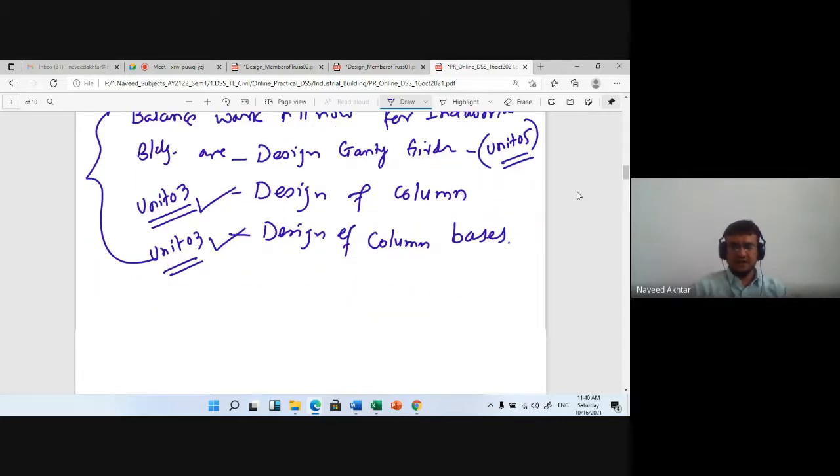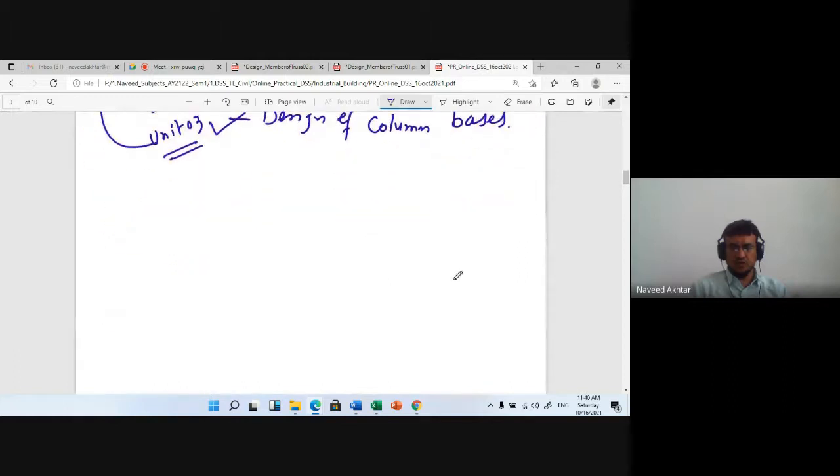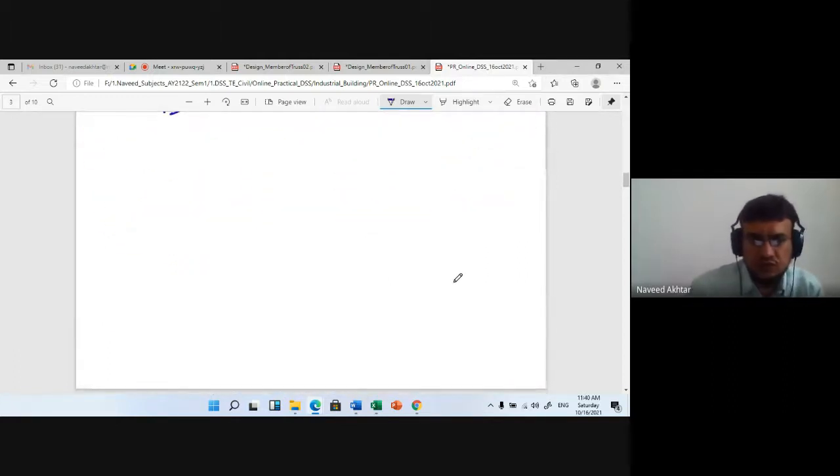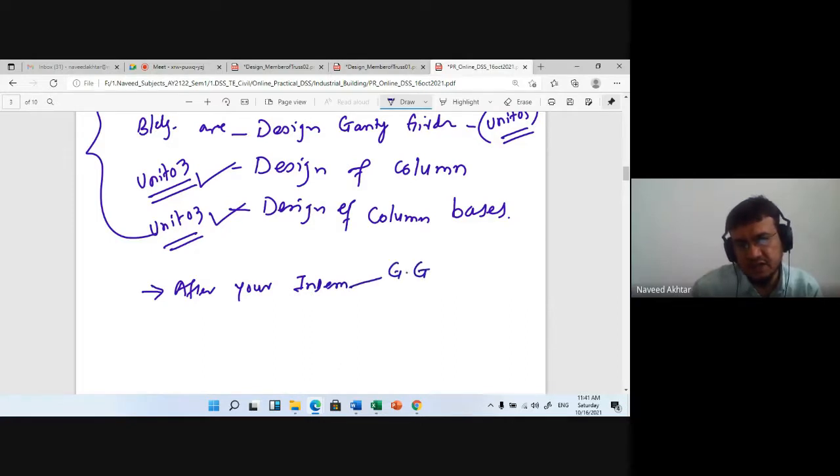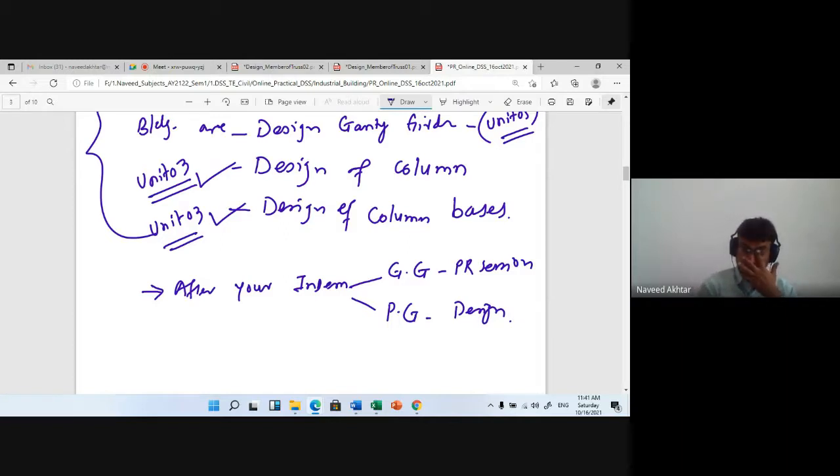So this gantry girder is your balance work. After your examination, we will start the gantry girder design and plate girder design in practical hours, and based on that you have to complete your full work.